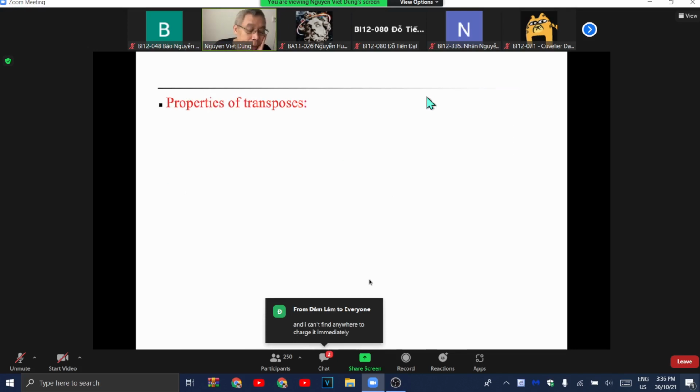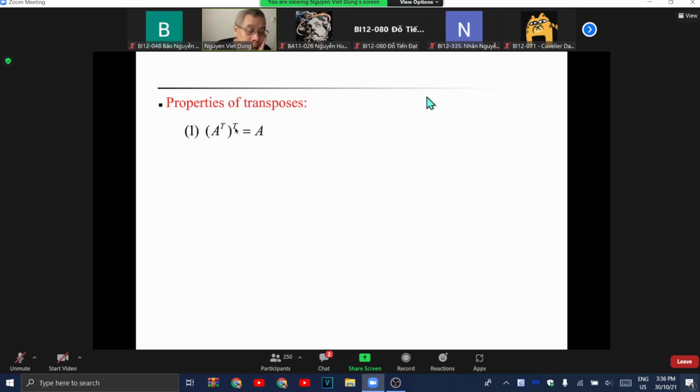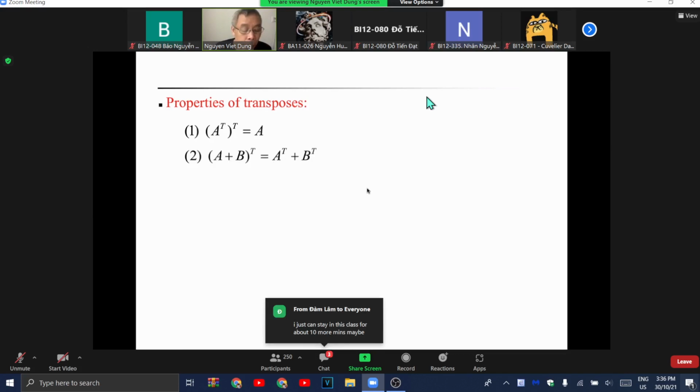And some properties of the transpose. As I told you, if we take the transpose and then we take the transpose once again, columns go back to rows, and because of that we get back to the original matrix A. And if we take the transpose of a sum A plus B, it equals A transpose plus B transpose.